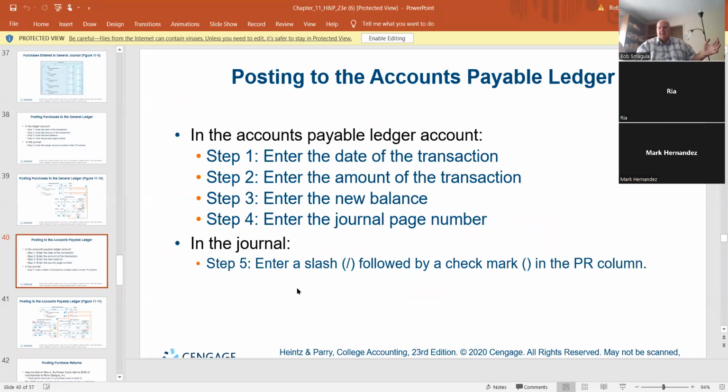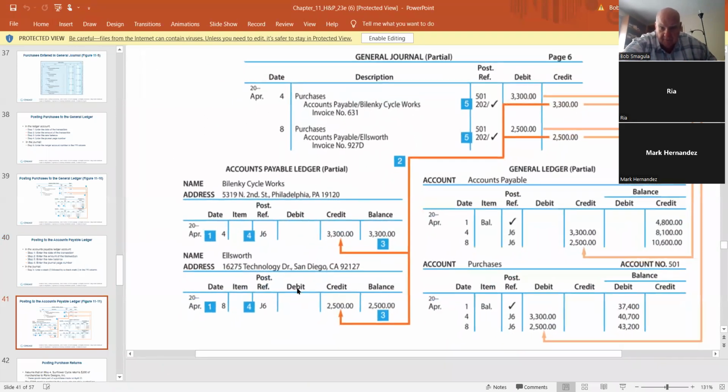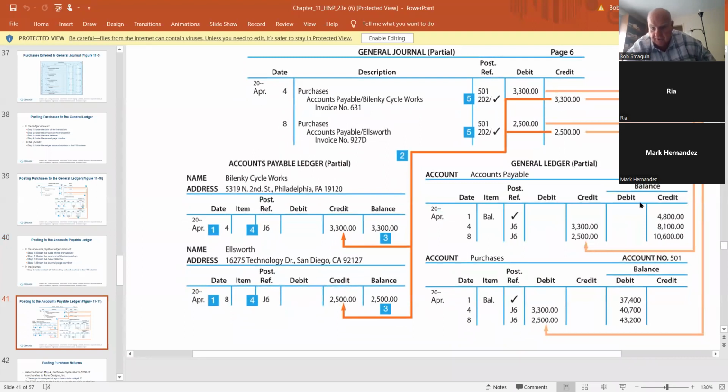Now we're going to do the same thing. We're going to post to the accounts payable ledger, only this time, instead of one number for accounts payable, we're going to have the detail ready for us. So take a peek. Over here, we just looked at this. Here is your accounts payable ledger.